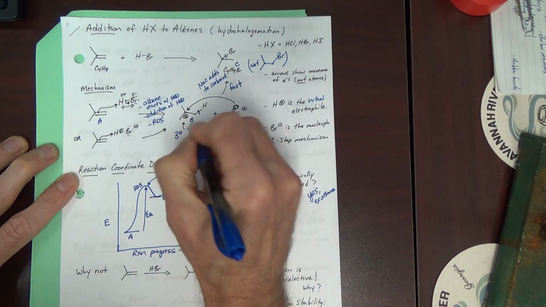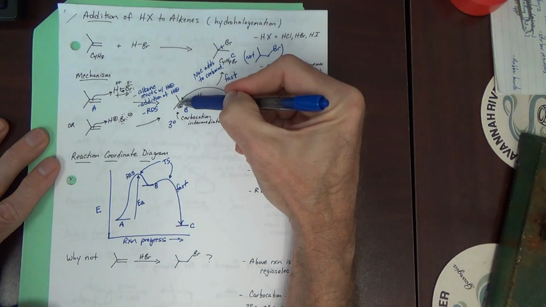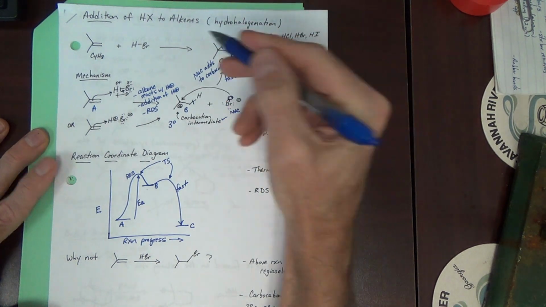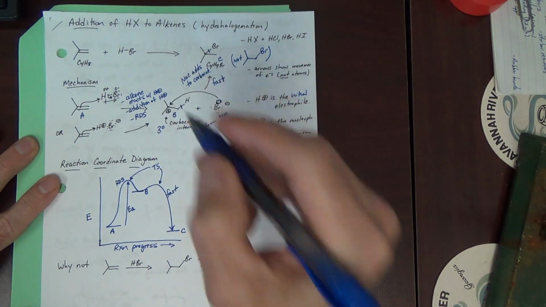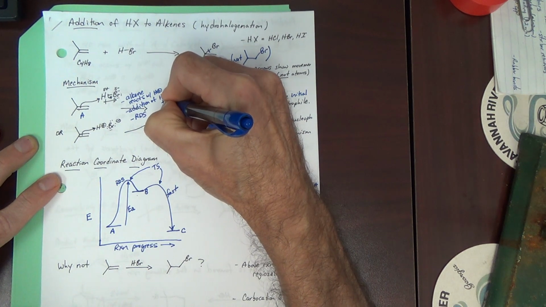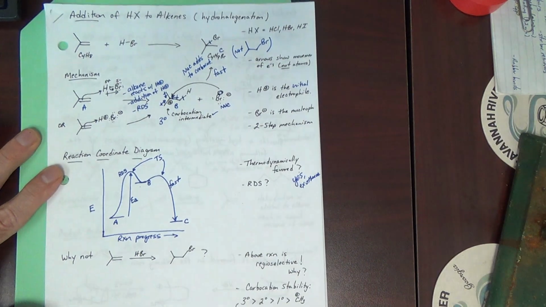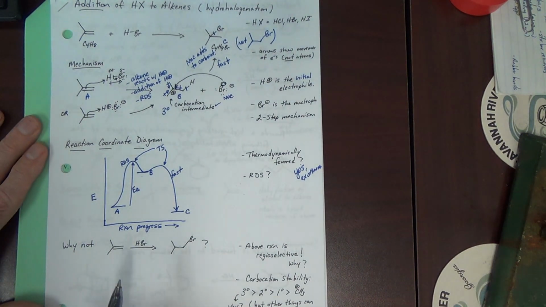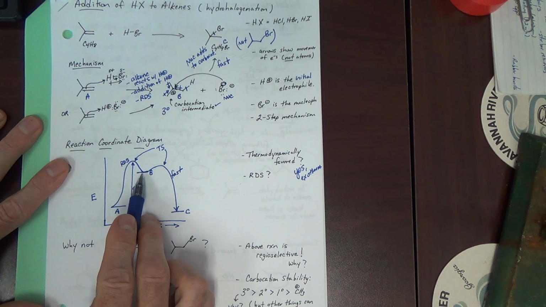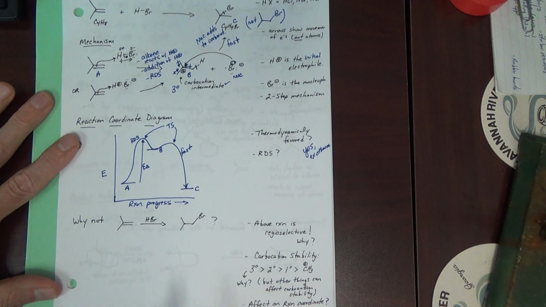A tertiary carbocation. That is, this carbon is connected to three other carbons. And so these sp3 carbons all donate inductively to stabilize that carbocation. Yes, it's still a cation and still high in energy, but it's not as high as it could be if it was maybe secondary or primary.